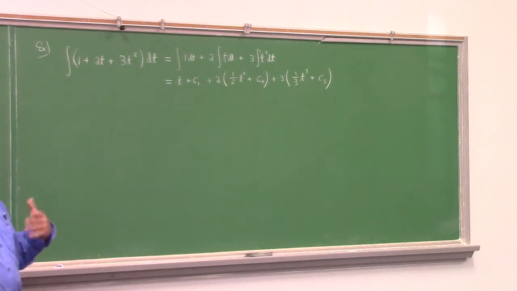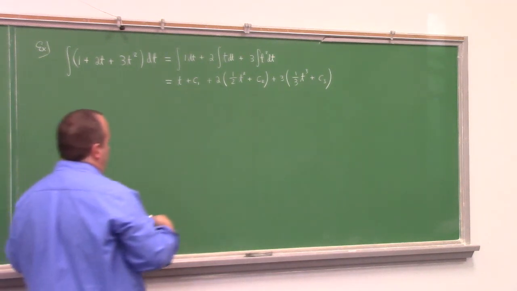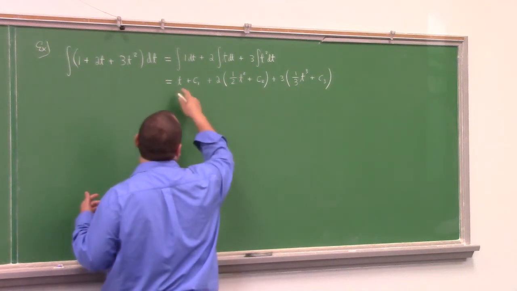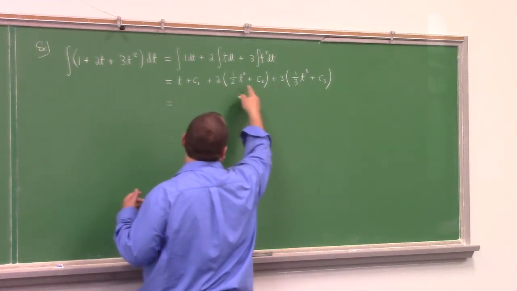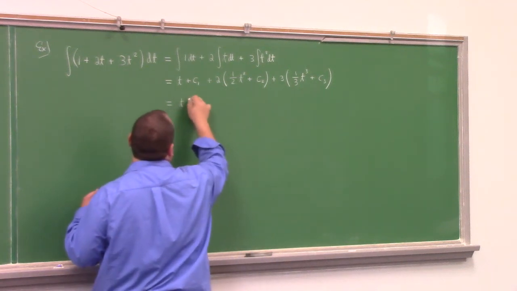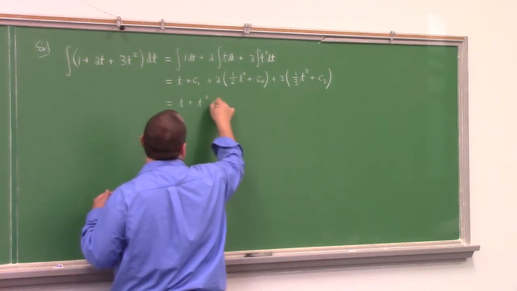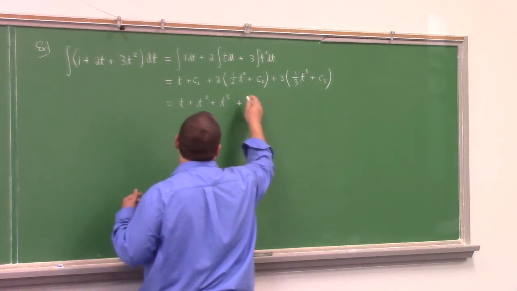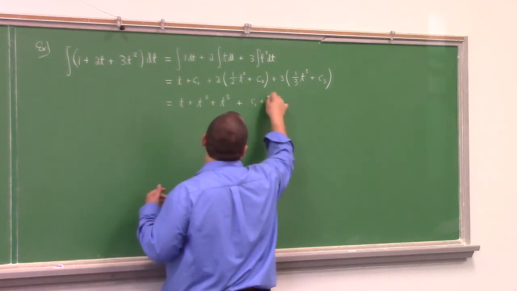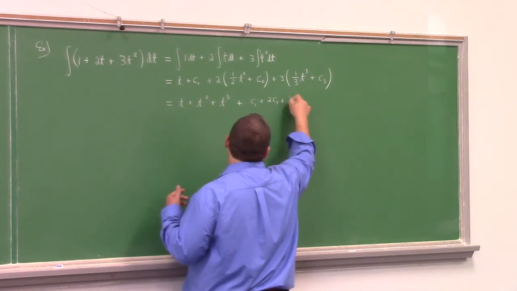But I don't know that these are the same constants. Let's take a step back and think about all these constants. What happens? Well, you've got t plus t squared plus t cubed, actually, the half and the third cancel with the coefficients. And then we got plus c1 plus 2c2 plus 3c3.